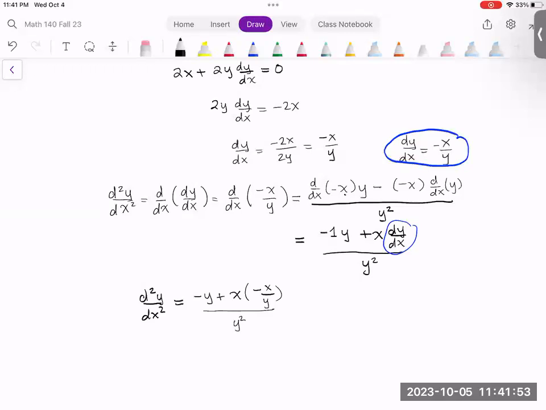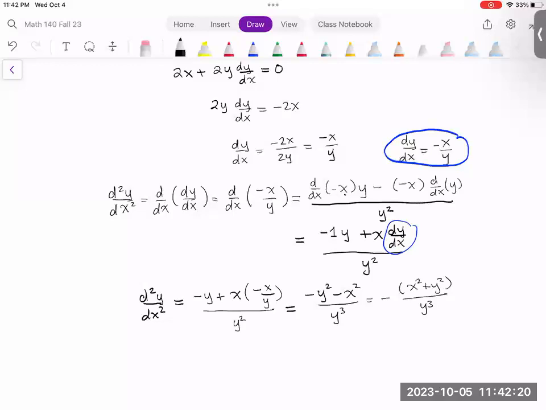We can simplify this a little bit by multiplying top and bottom by y. So this is negative y squared minus x squared over y cubed, or negative x squared plus y squared all over y cubed.